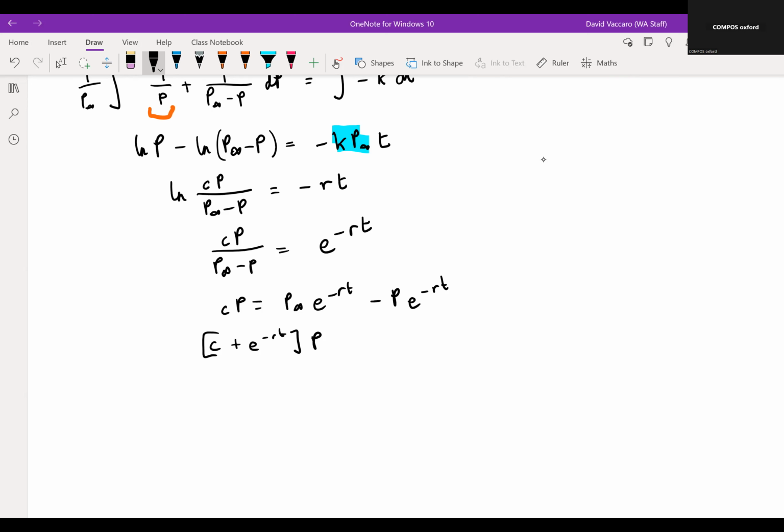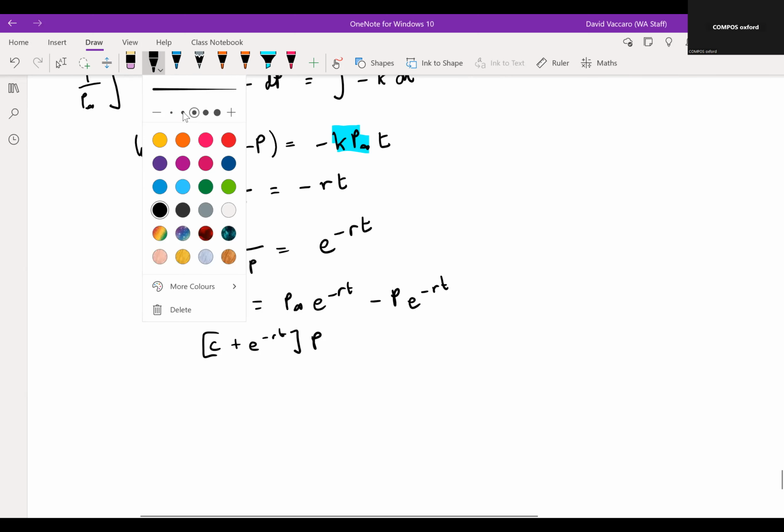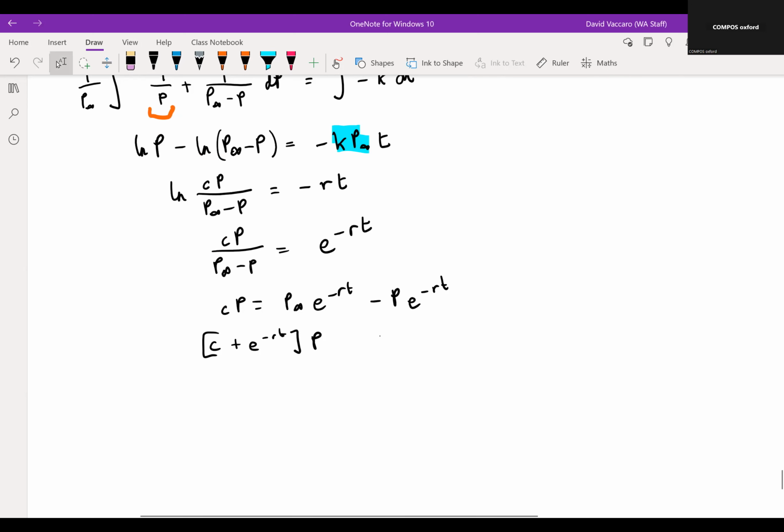Whoops, my pen has stopped writing. Oh, is this nonsense? Sorry, I'm just going to close OneNote and reopen it.